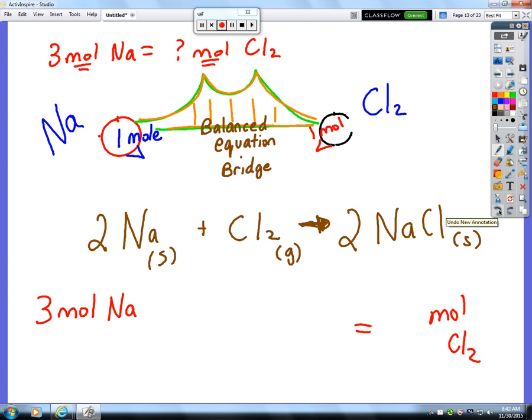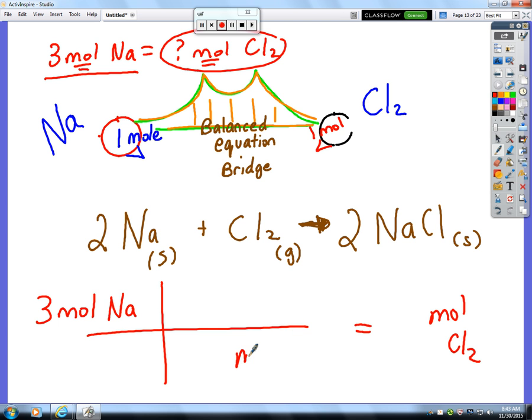So let's do that. What have we done? We underline what we know, 3 moles of sodium. We circle what we don't know, moles of chlorine, which is what I've done down here. And I say, I do not want moles of sodium. I do want moles of chlorine. And in my balanced equation, what is true?